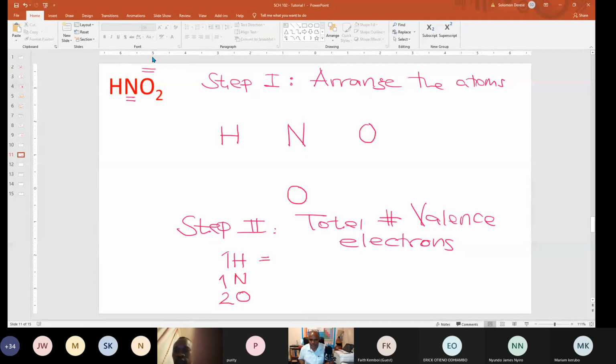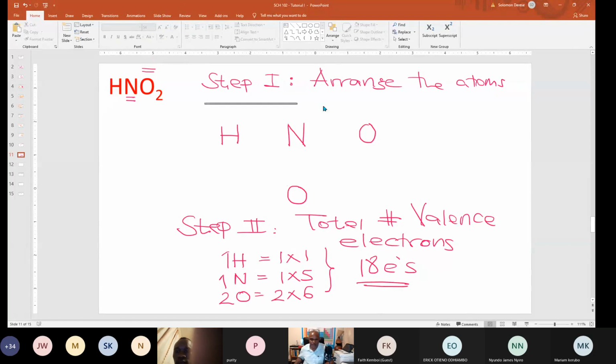For hydrogen, it is 1 times 1. For nitrogen, it is 1 times 5. For oxygen, it is 2 times 6. If you sum these up, it will be 12 plus 6, 18 electrons. The total number of electrons is 18.